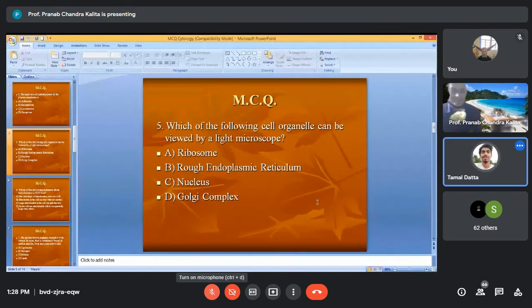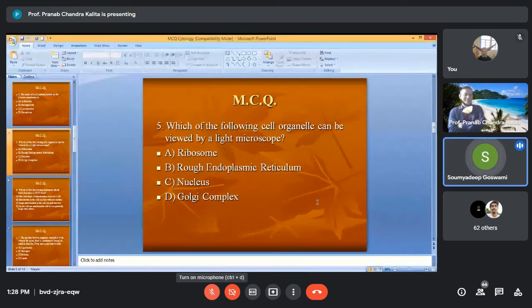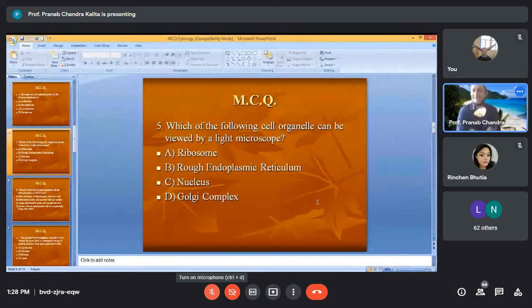It is C. The nucleus is the largest cellular organelle that can be visualized with the light microscope.